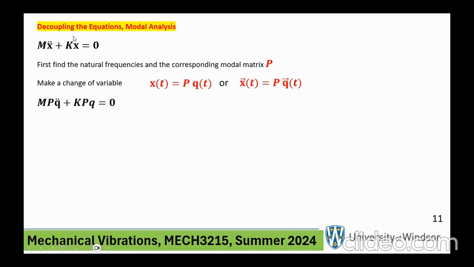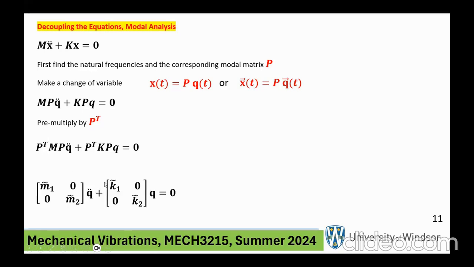and K P q. Now, I'm going to multiply both sides of this by P transpose, on the left. Now remember, if you multiply this by P transpose, this is what you're going to get: P transpose M P, P transpose K P. Remember, we said that this is a diagonal matrix and we gave it a name, M tilde.